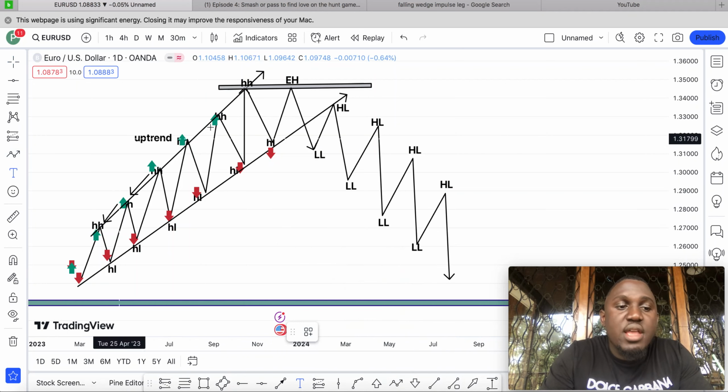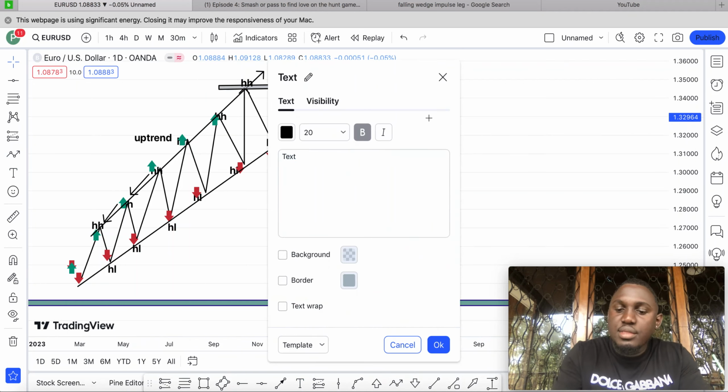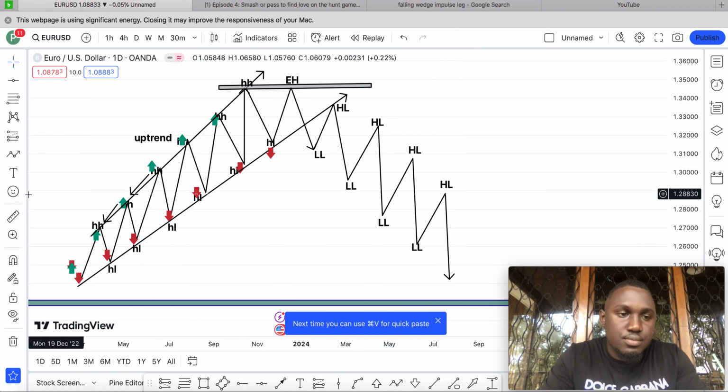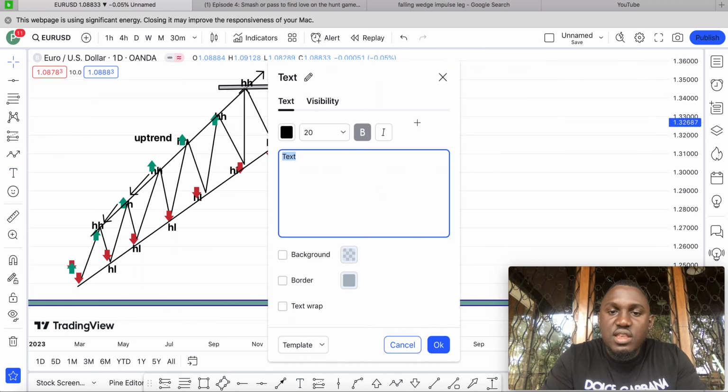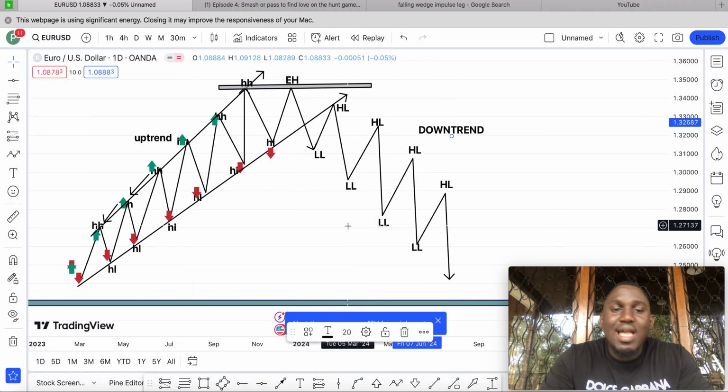As a downtrend. This is indicated as what? Meaning the market is trending downward.